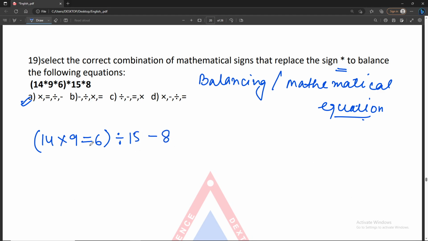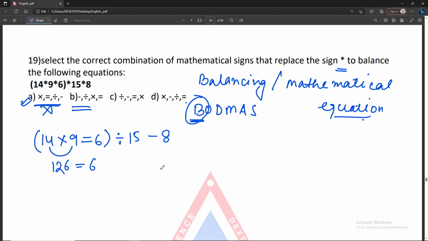So obviously you know BODMAS rule. BODMAS means the bracket should be solved first. So solving the bracket, you can see 14 nines are 126, which is not equals to 6. That means option A is wrong. Okay. Next part.